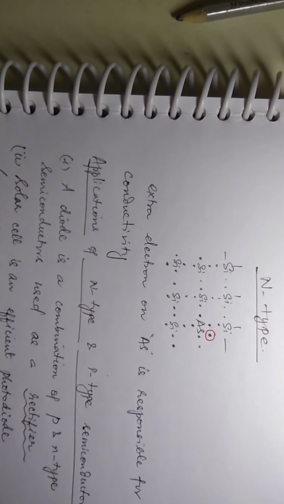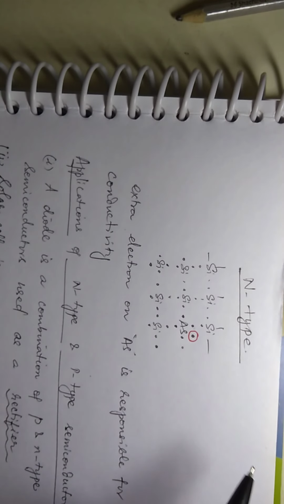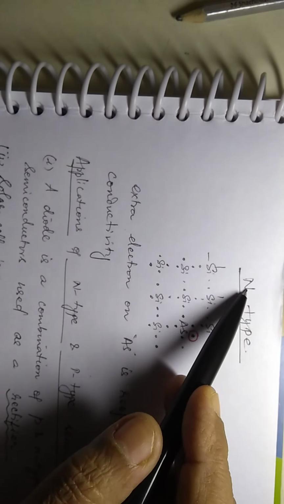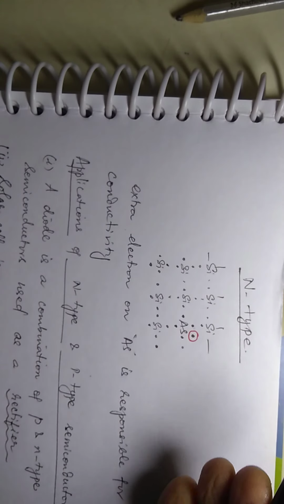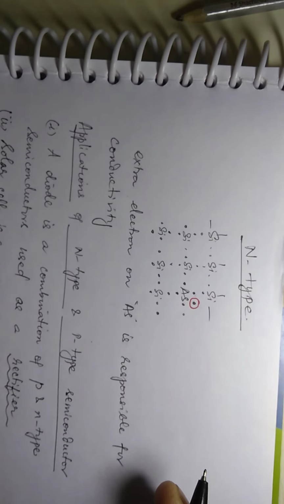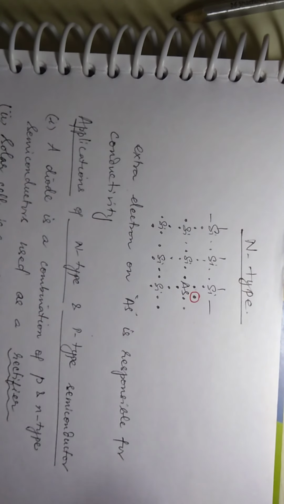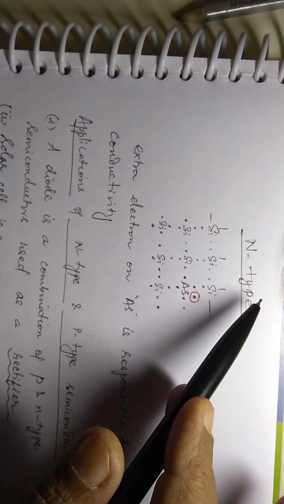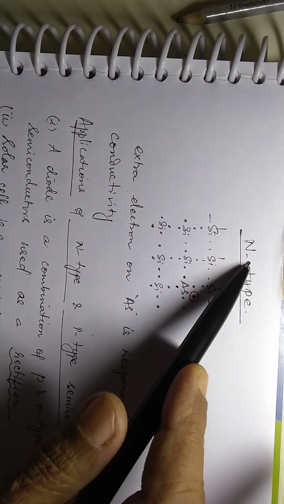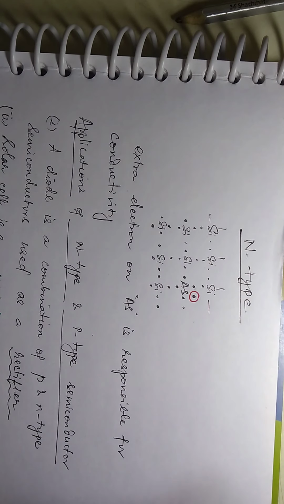Now there is another type called N-type. Now what is this N-type? In the N-type semiconductor, N is for more number of electrons, P for fewer valence electrons. That is, an impurity atom with fewer valence electrons gives rise to p-type, and a greater number of valence electrons gives rise to N-type.